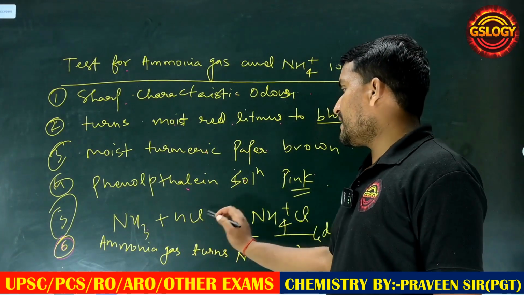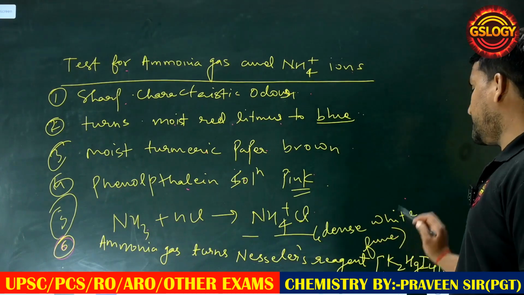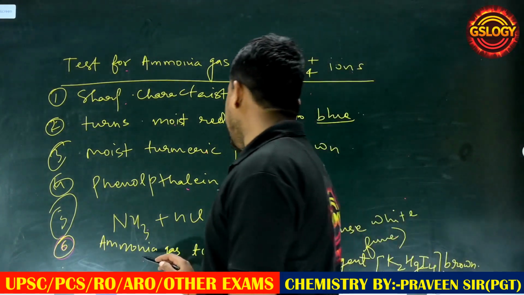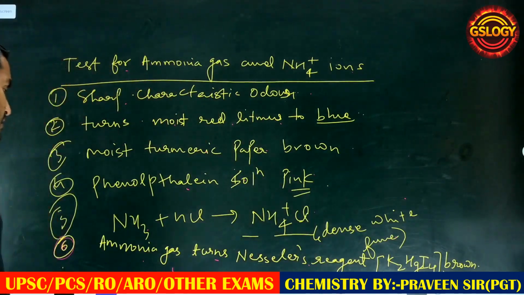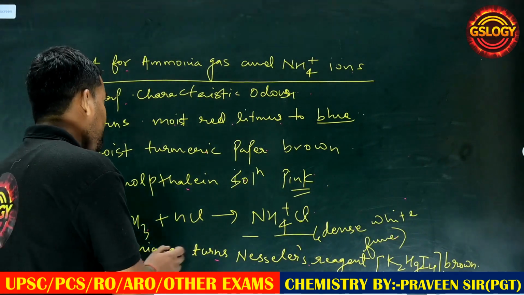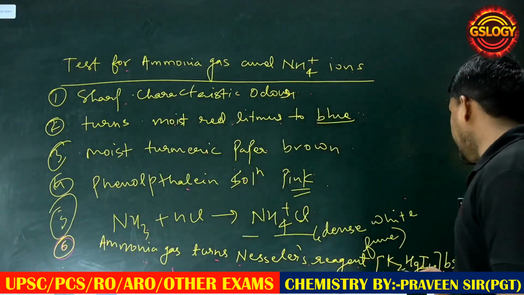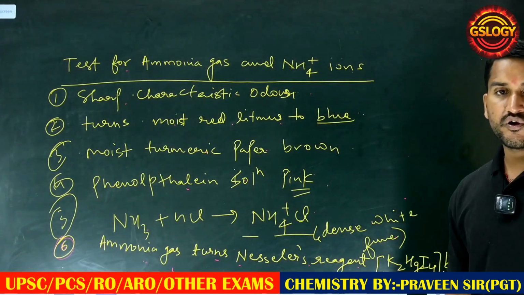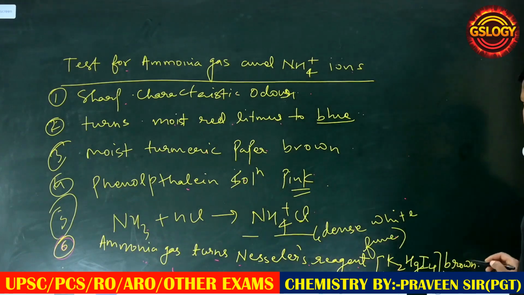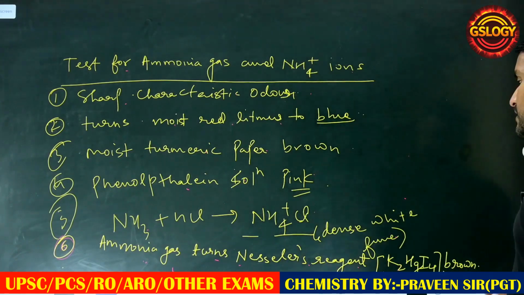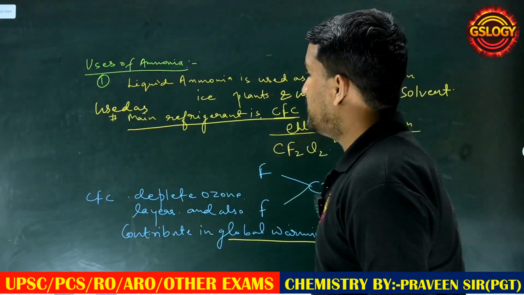When ammonia reacts with HCl, it forms ammonium chloride as dense white fumes. Ammonia gas turns Nessler reagent, K2HgI4, brown.